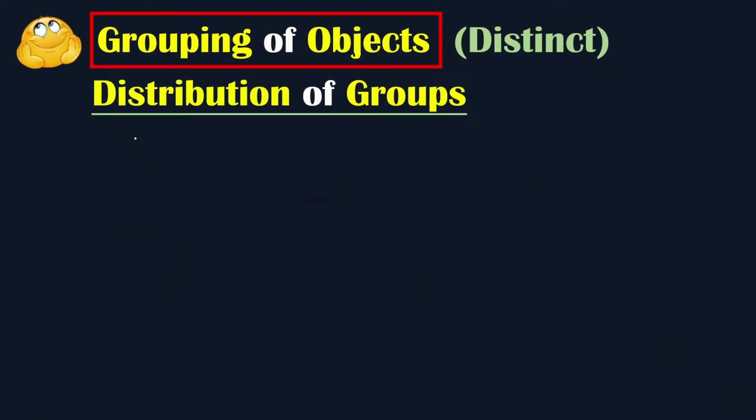Suppose we have 4 objects, A, B, C, D. Now, if I ask you to form 2 groups of 2 objects each, in how many different ways can we form these groups?